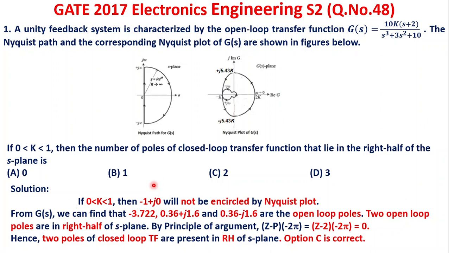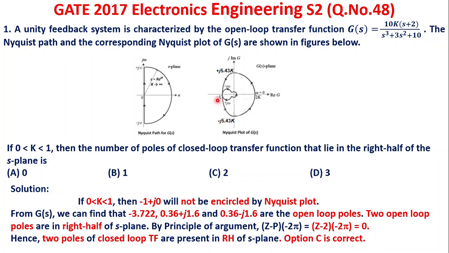Suppose there are some open loop poles in the right half of the S plane, then for the closed loop system to be stable, we should have as many anti-clockwise encirclements of the Nyquist plot about -1 + j0 as the number of right half S plane open loop poles.